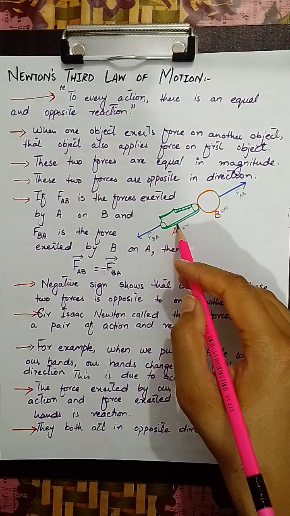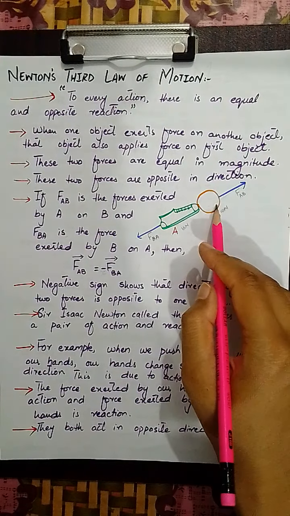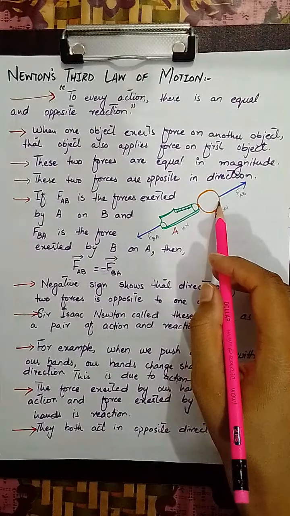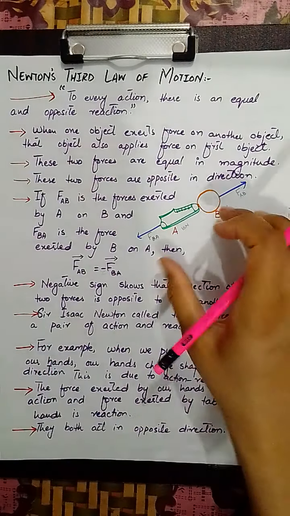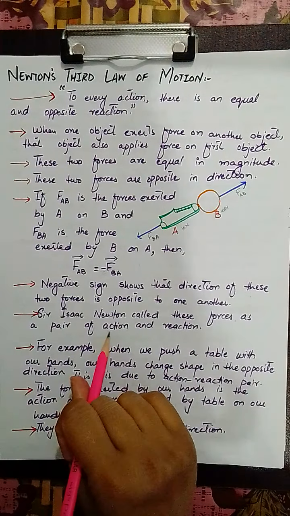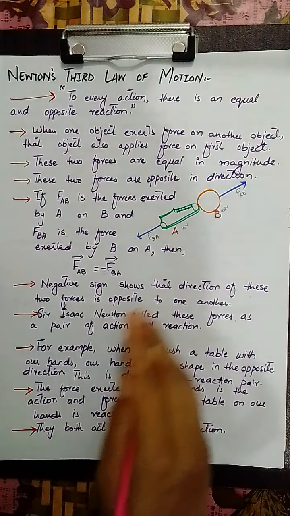So the force that I'm applying is the action, and the force that the ball is applying after I apply that force, of course, is the reaction. So Sir Isaac Newton called these two forces, because they occur at the same time, a pair of action and reaction, or action reaction pair.